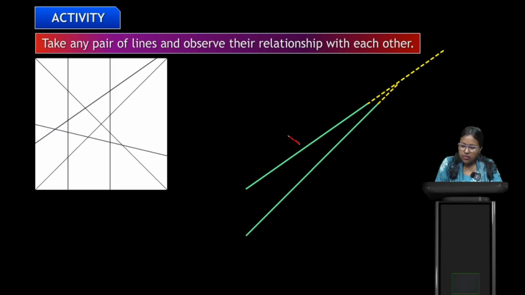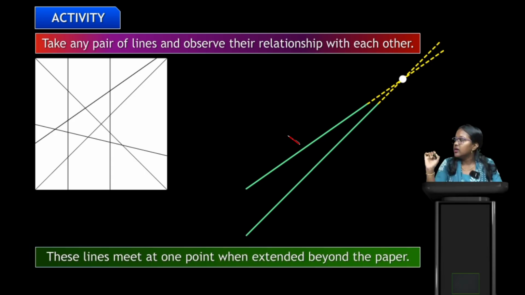Let's see. Of course they will meet. If you extend both lines endlessly, beyond the paper they will obviously meet at a point. These two will intersect at a point. These lines meet at one point when extended beyond the paper.